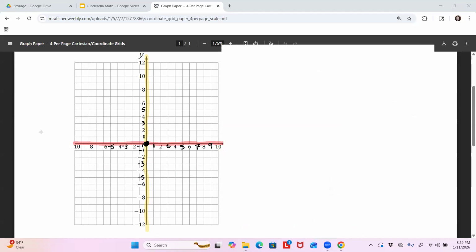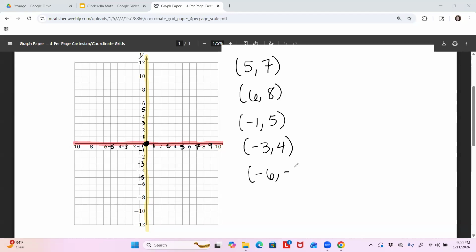All right, let's graph some points. I'm just going to put up a couple points here. Let's start at the very tip top, (5, 7).